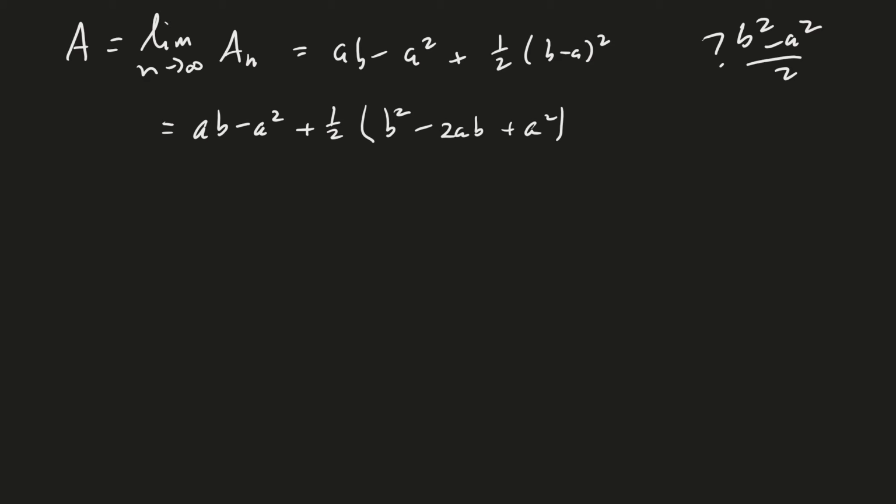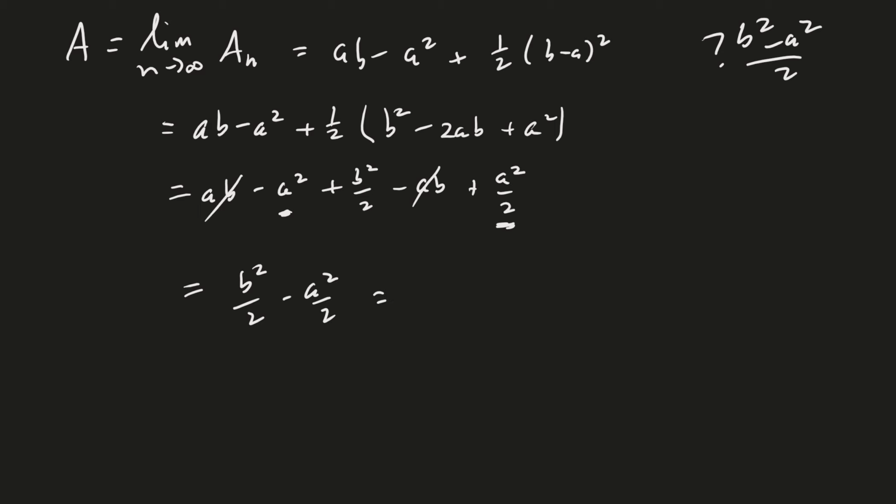Good. It looks like we have ab minus a squared plus b squared over 2 minus ab plus a squared over 2, and those cancel. These cancel, leaving me with minus a squared over 2, right? And so therefore I have b squared over 2 minus a squared over 2, which is what we want.